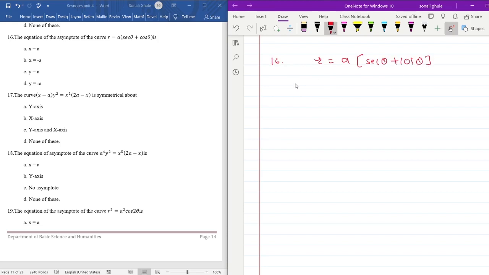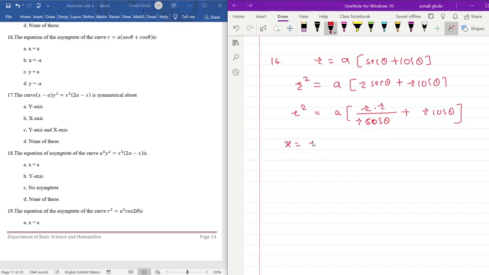If I multiply here by r, it is r square equals a, take this r in bracket, plus r cos theta. So r square is equal to a r upon sec theta. I can write cos theta plus r cos theta.